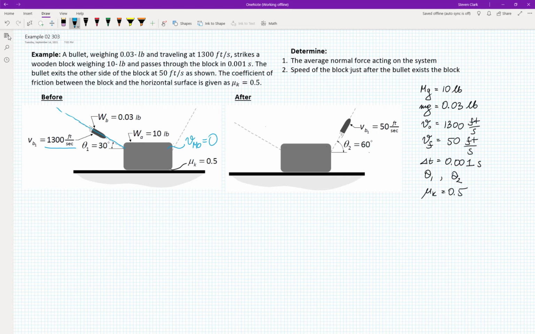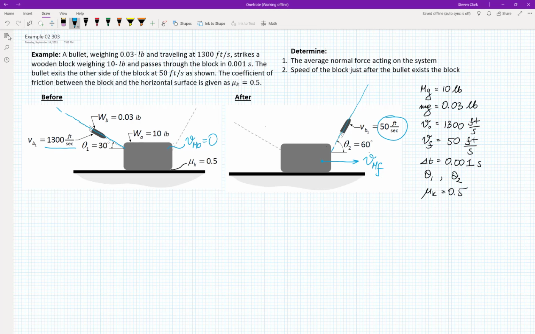Yeah, and after the impact, our block will have some velocity. So it will have velocity v big M final, and our bullet will travel along this trajectory this time with much smaller speed. Yeah, it's a significant reduction of speed of that bullet.